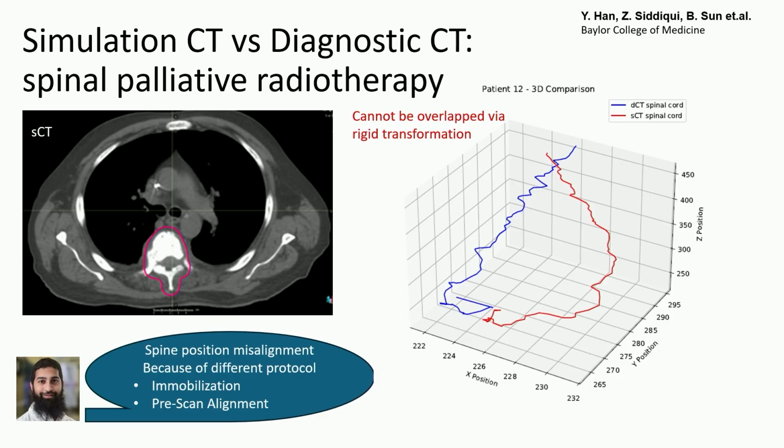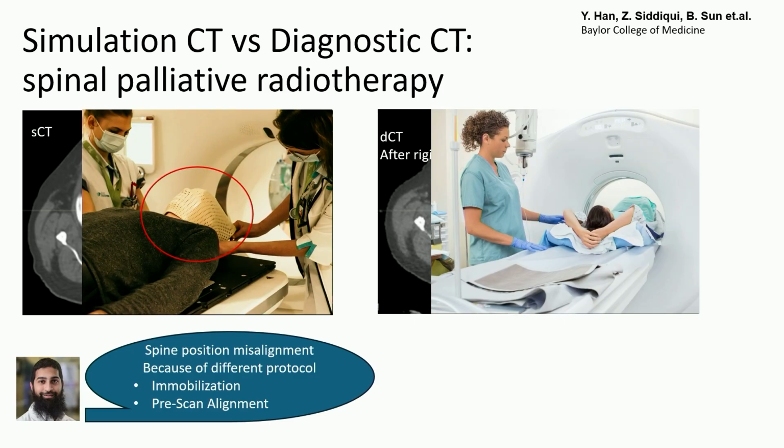The fact is very clear: these two curves cannot be overlapped via rigid transformation. Why? Such spine position misalignment exists because they use different protocols. For example, in the simulation CT, we use an immobilization device, and you cannot see such things in the diagnostic CT, and they use a different pre-scan position alignment.